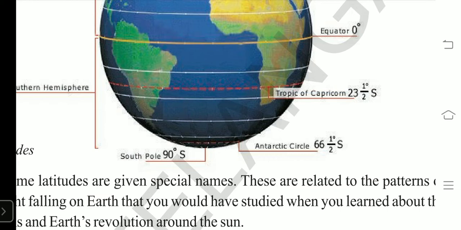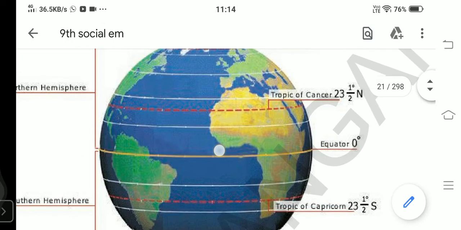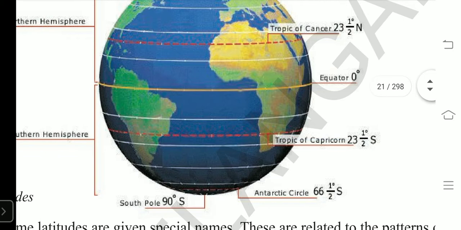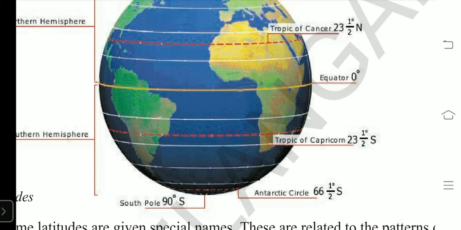These are some important latitudes. So latitudes are circles, right? Latitudes in the northern hemisphere carry the direction north, and the latitudes in the southern hemisphere carry the direction south, right? This we have seen.